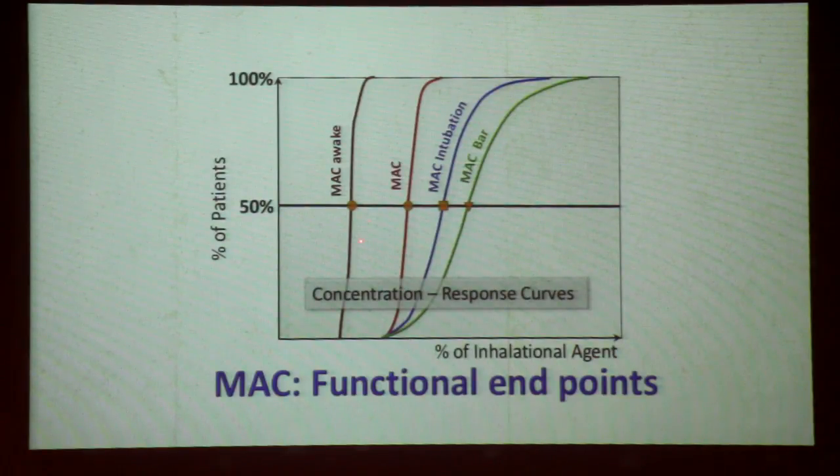So we want 99.9% patients to be anesthetized properly, and that is the concentration we want to give to our patients. So towards the right would be the potency, this is the slope, and this is the maximum efficacy for all patients to be observed.